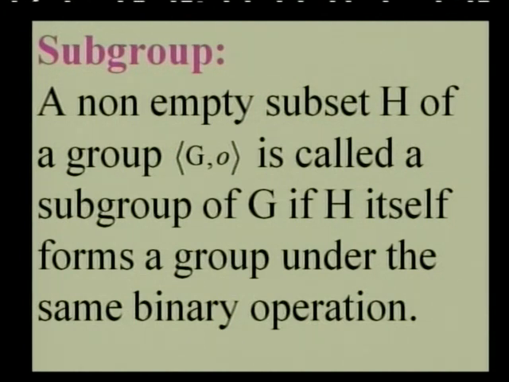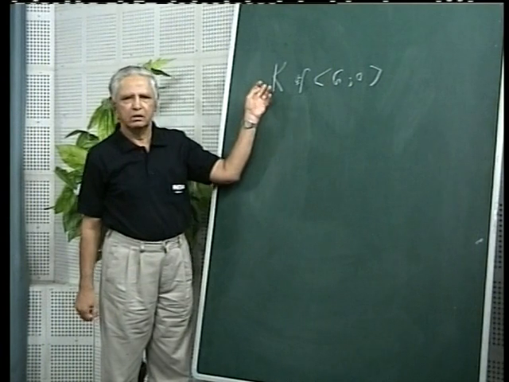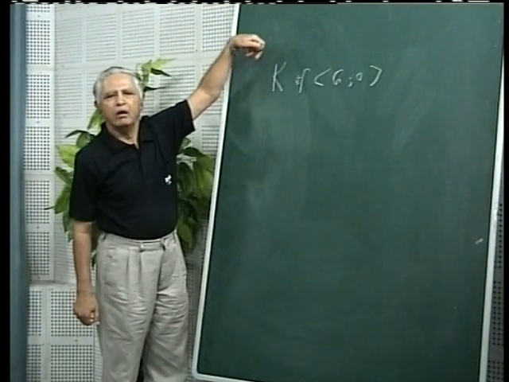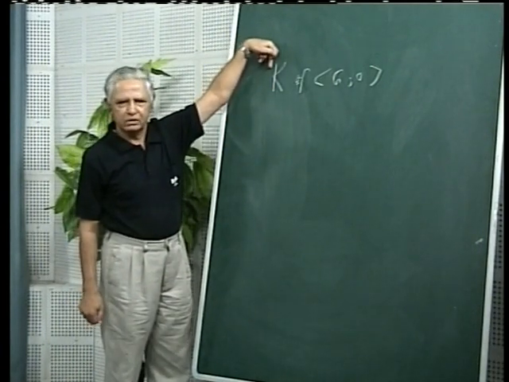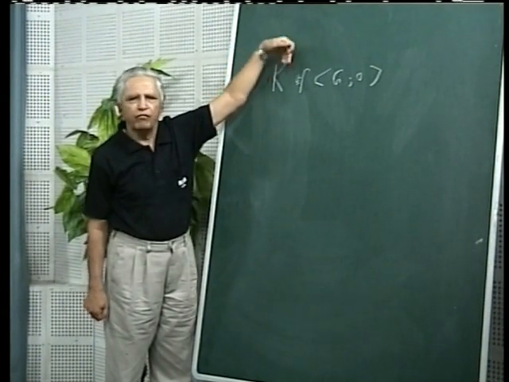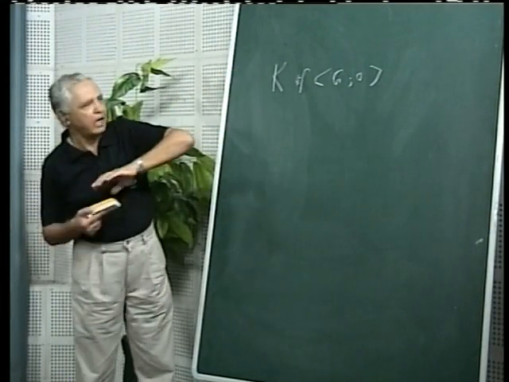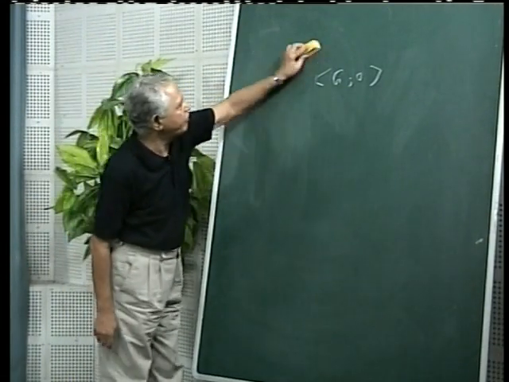If we are given a non-empty subset K of a group G and we want to examine whether K is a subgroup of G or not, by definition we have to verify all the three axioms, and sometimes it is very difficult. For this we have one simple criteria, and that criteria I am writing down in the form of a theorem.